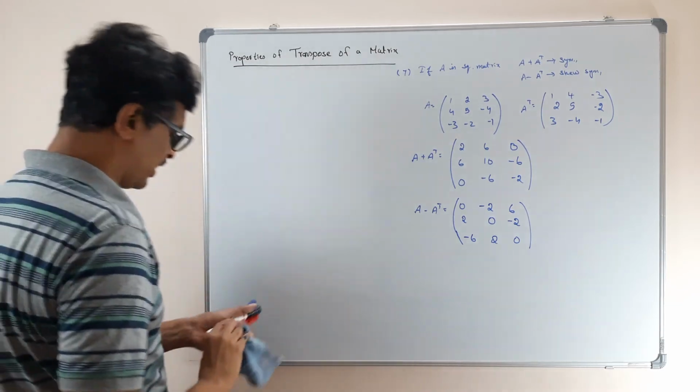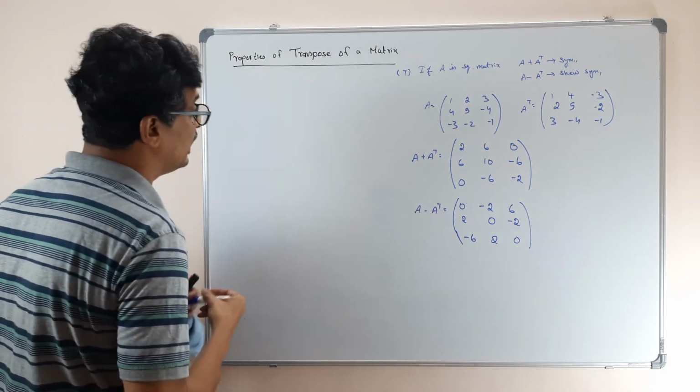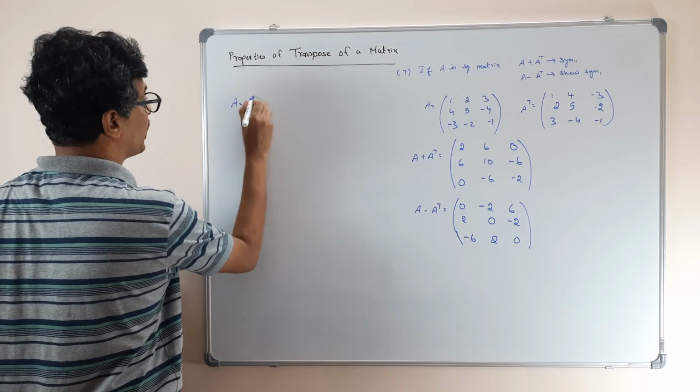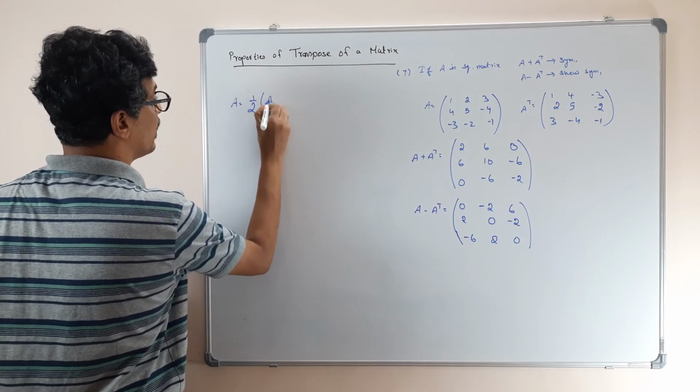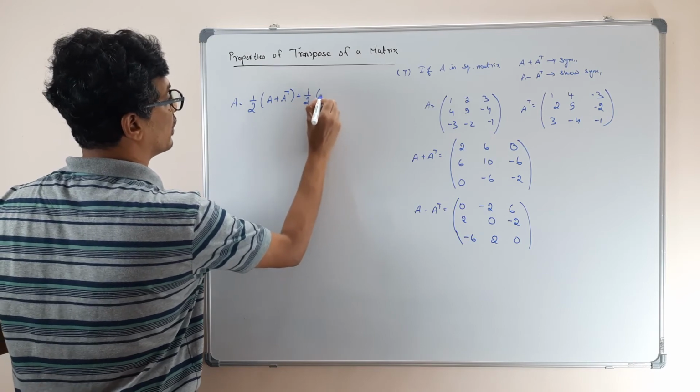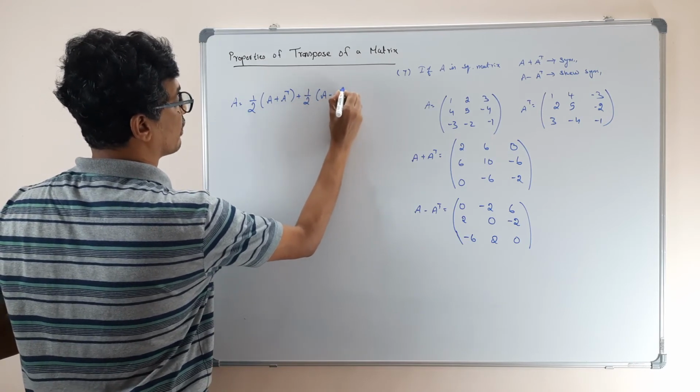So this is interesting. Any square matrix A can be written as half of A plus A transpose, plus half of A minus A transpose.